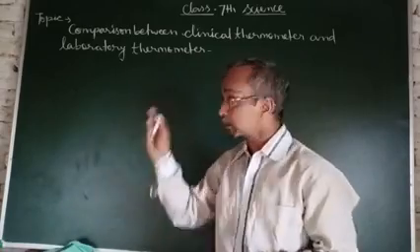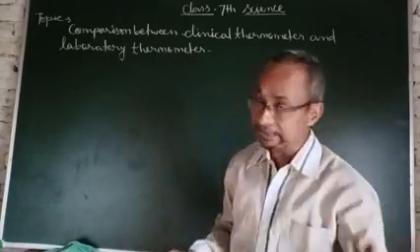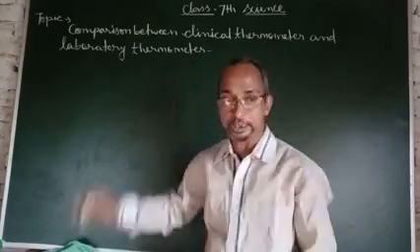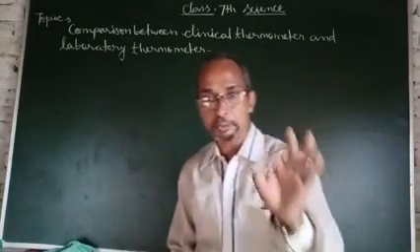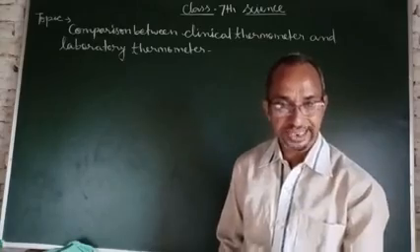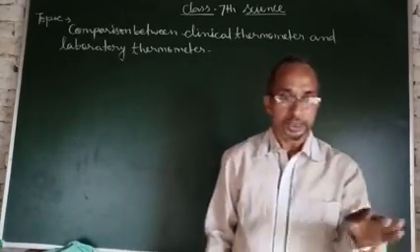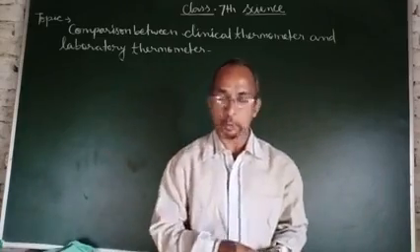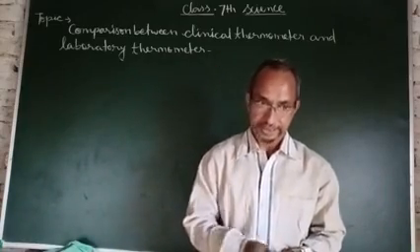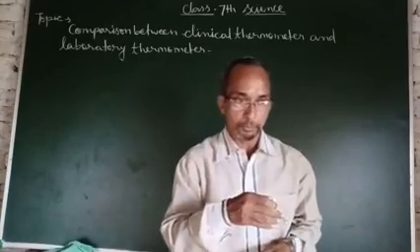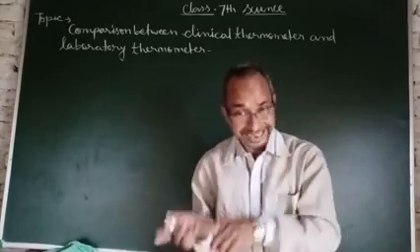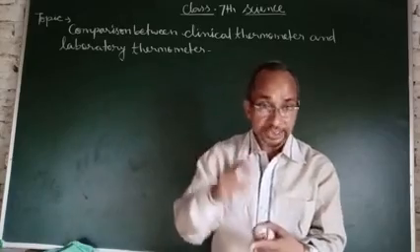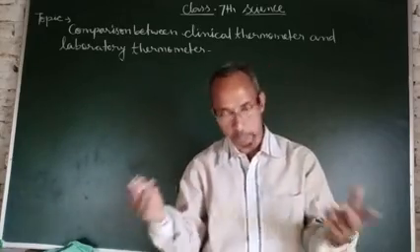Similarity: both types of thermometers have mercury. Differences: the clinical thermometer has a kink in its tube that prevents the backflow of mercury into the bulb, whereas laboratory thermometers have no kink.